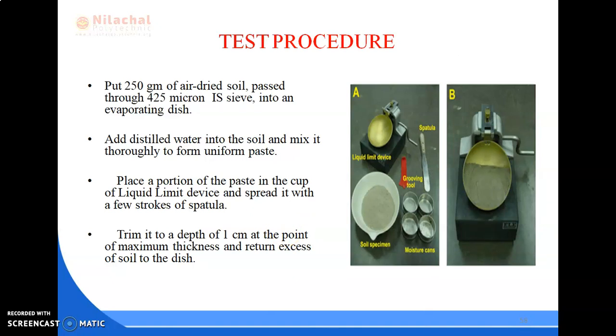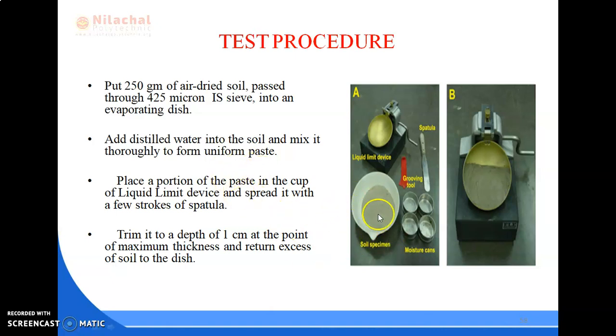Next is the test procedure. So first, take about 250 gram, or we can also take 120 gram, of air dried soil passed through 425 micron IS sieve into an evaporating dish. And we have to add distilled water into the soil and mix it thoroughly to form a uniform paste.